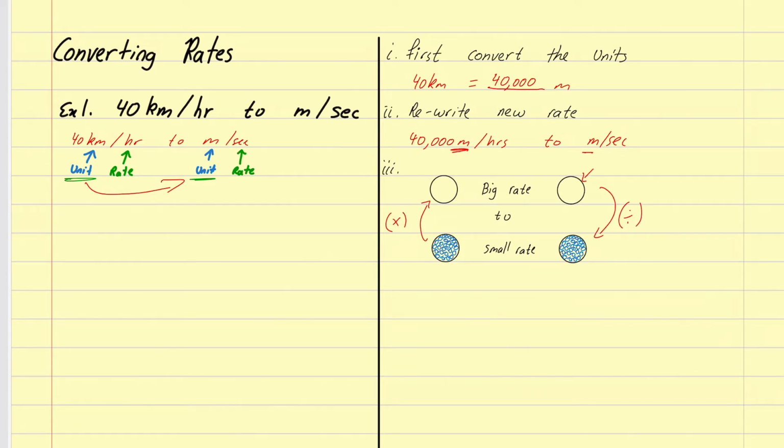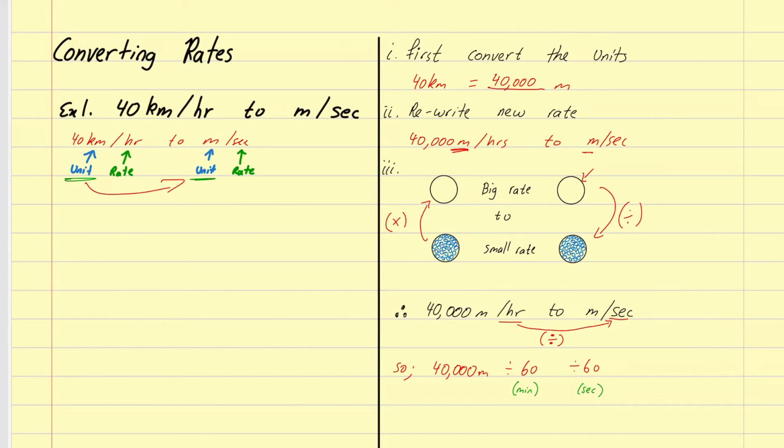Now let's have a look at the question again. So therefore, 40,000 meters per hour to meters per second. Because I'm going from hours to seconds, that's a big rate to a smaller rate, which means I'm going to be dividing. So now the question is, how do I go from hours to seconds? 40,000 meters, when we divide it by 60, we just went from hours to minutes.